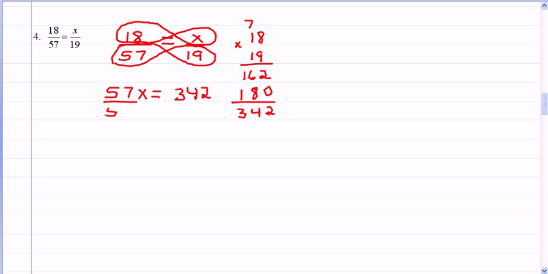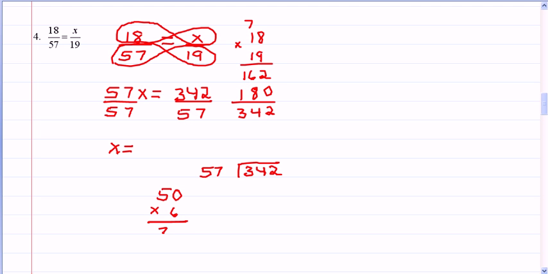So I divide by 57, and when I divide by 57, I would have to use long division, so I divide 57 into 342. And if I estimate and change 57 to 50, just to get a ballpark, 6 times 50 is 300.